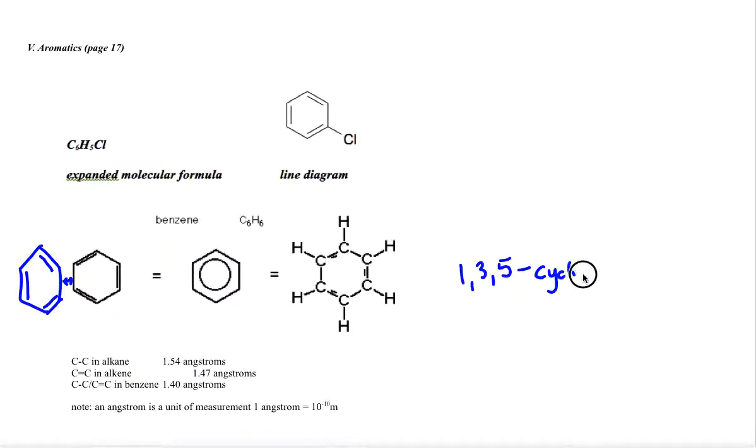Cyclo, because its carbons are in a ring. Hex, because there are 6 carbons. Hexa, and because there are 3 double bonds, we say tri-ene. Okay, the ene telling us that there are double bonds. Now, this is quite a complex name, and for something that is so common, what chemists have done is they just call this benzene. So rather than calling it 1,3,5 cyclohexatriene all the time, we just call it benzene.